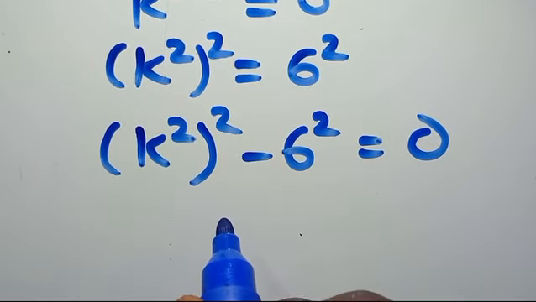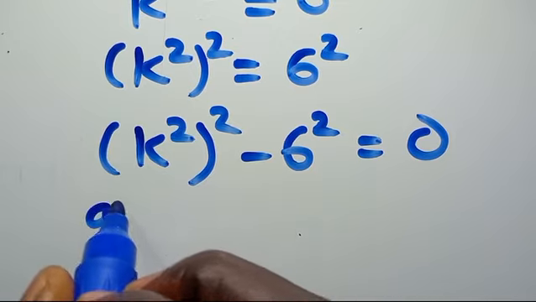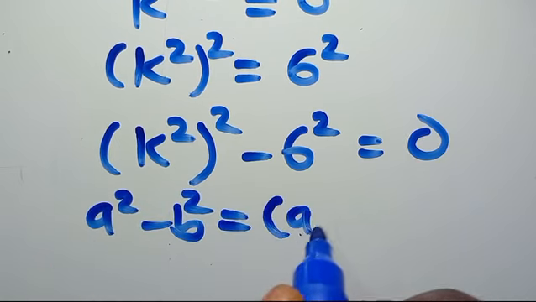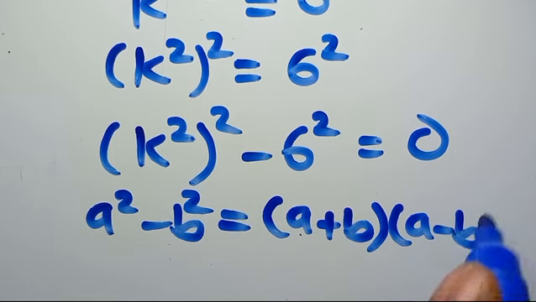Now, from difference of two squares, when you have this, it simply means a square minus b square equals a plus b times a minus b.